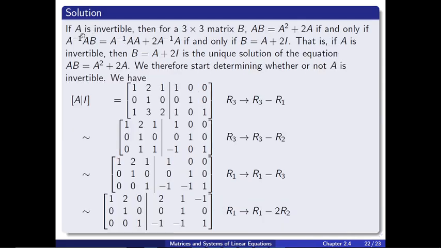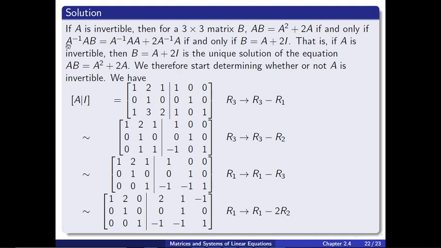If A is invertible, then for a 3 by 3 matrix B, AB is equal to A squared plus 2A if and only if we can multiply by A inverse throughout.